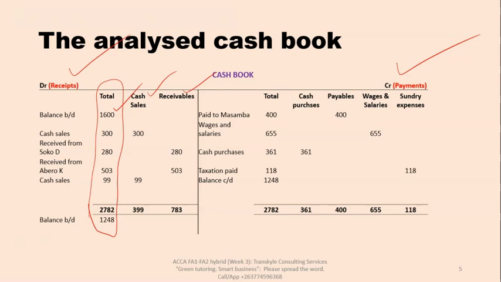For example, the cash sales here and cash sales here have to be given a total figure here, 300 plus 99, and the receivables would also come to their total figures.